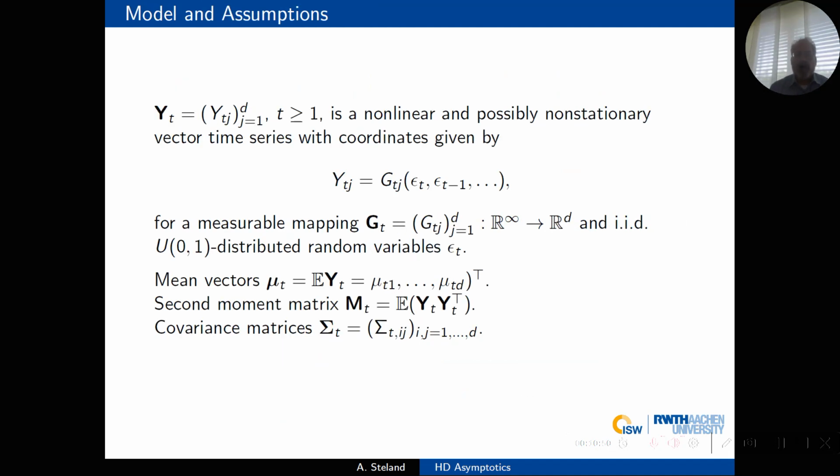Okay, so let us come to the model and assumptions. We assume that the sequence of data vectors is governed by a nonlinear and possibly non-stationary vector time series with coordinates given by a nonlinear function G_tj of innovations epsilon t. And here the G_tj are measurable mappings and the epsilon t's are IID uniformly distributed random variables. And there's a lemma from Billingsley.